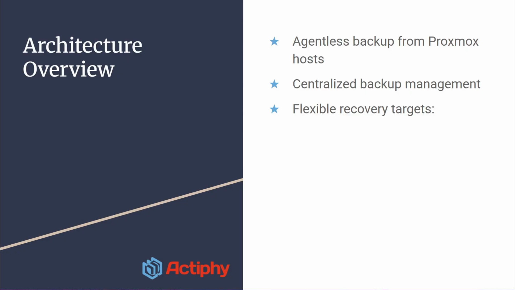The key point is this: the backup represents the system, not the platform. That architectural decision is what enables flexibility without introducing additional complexity. Recovery remains structured, the workflow remains consistent, only the destination changes. And now let's look at those recovery targets one by one.